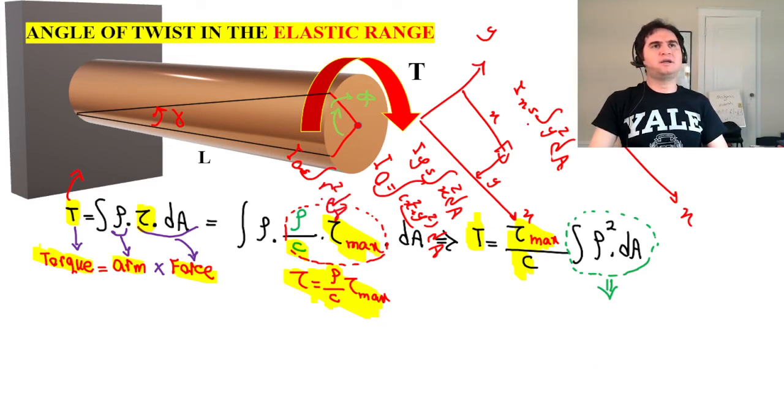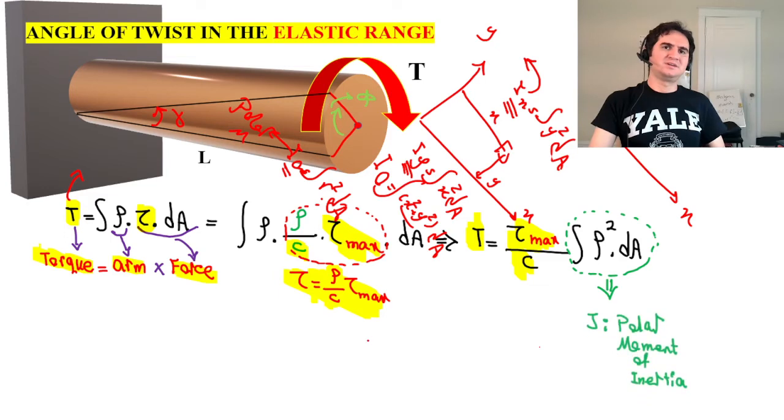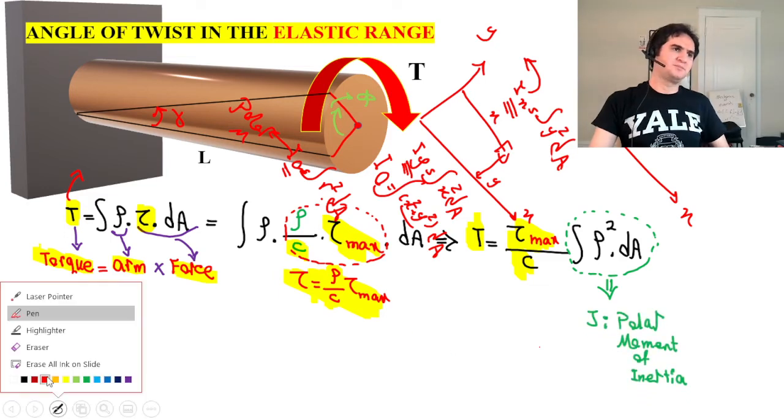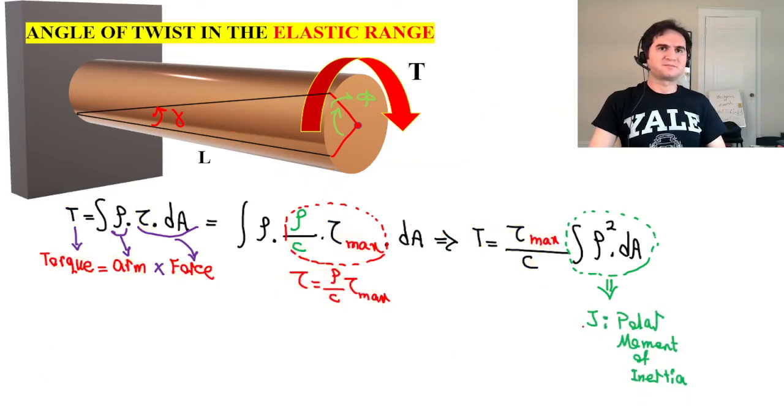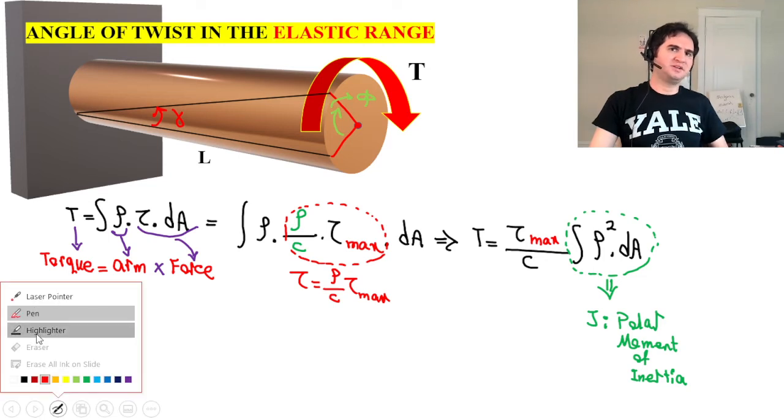Ix is the moment of inertia about the x-axis, Iy is the moment of inertia about the y-axis, and Io is the polar moment of inertia. So we have rho squared dA, and that's our polar moment of inertia.